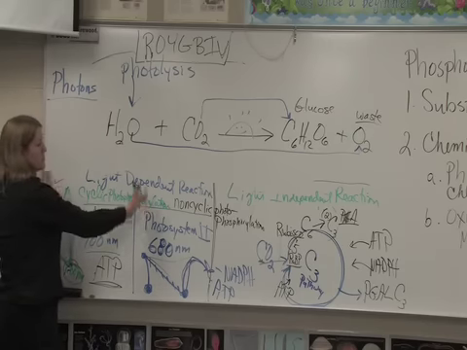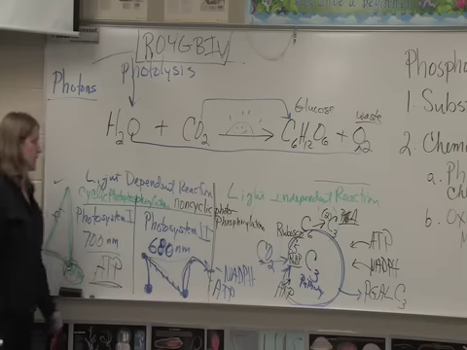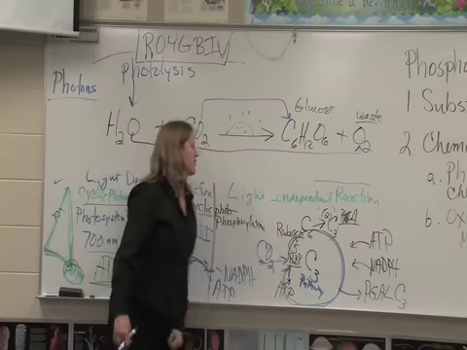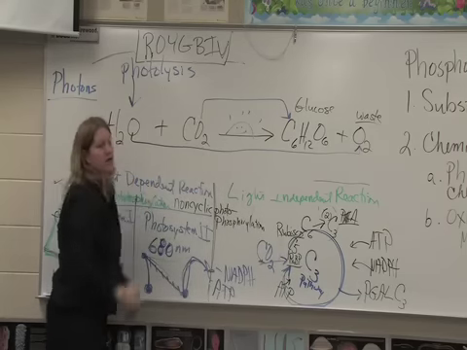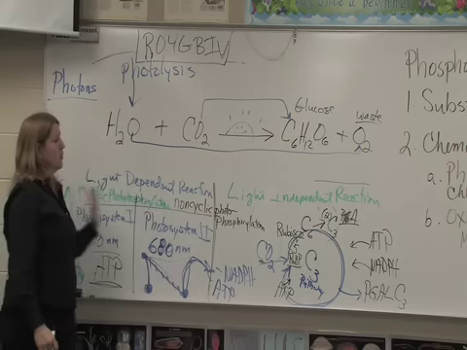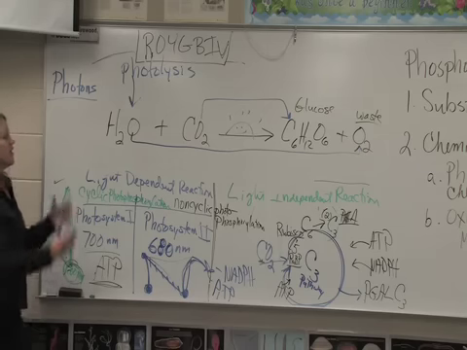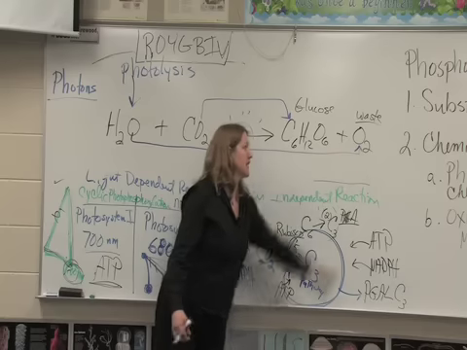The water molecule is used over here in the thylakoid membrane to regenerate some electrons. And the carbon dioxide is used over here in the stroma. So it's not like you're taking carbon dioxide and water and putting them together and you got sugar. You've got a whole series of many different metabolic pathways occurring. The end result is glucose being produced and oxygen as waste.